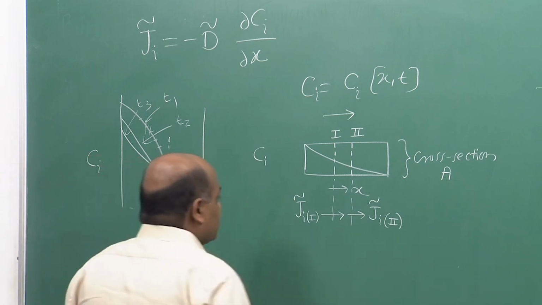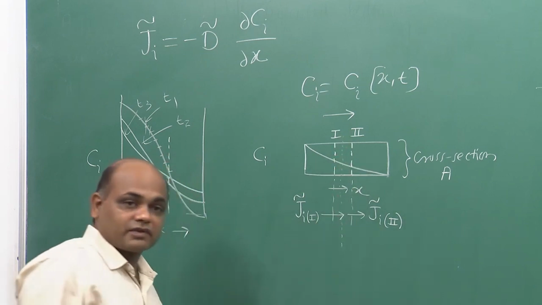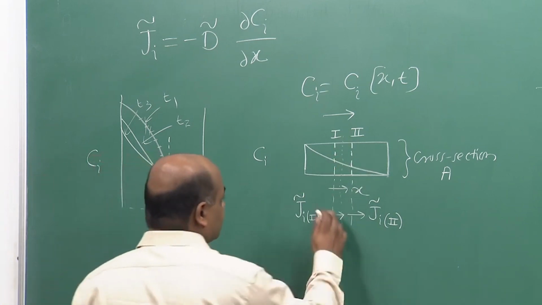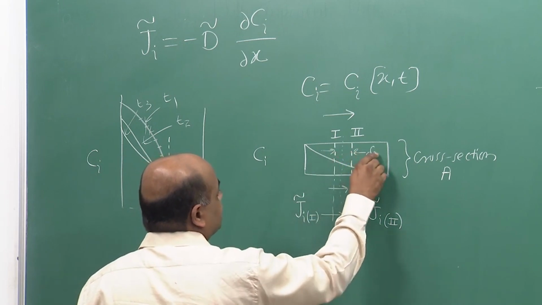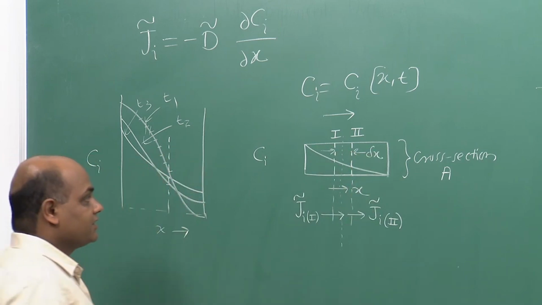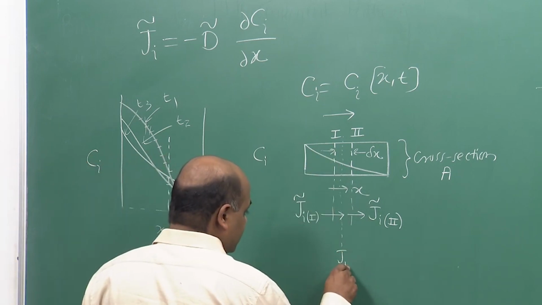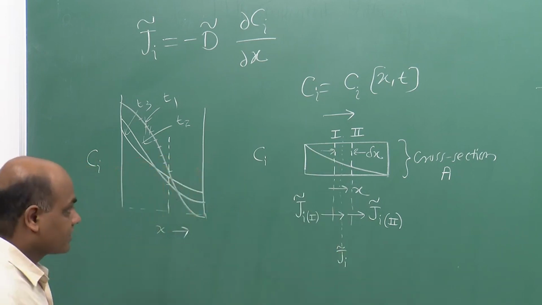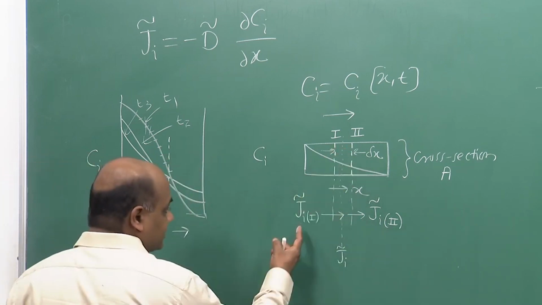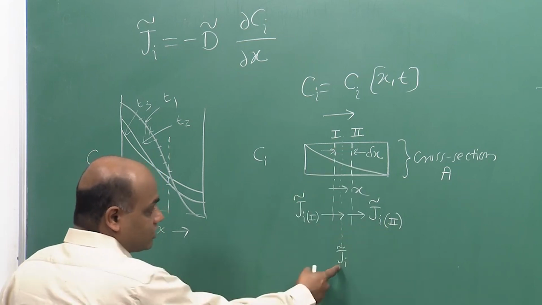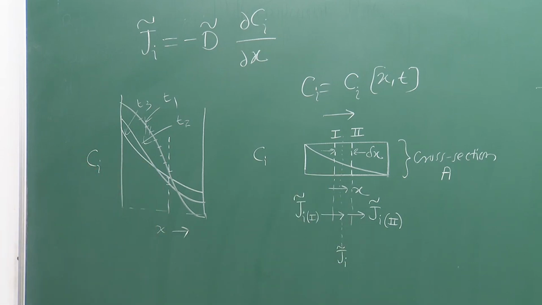Right. So, I can consider a plane in between, the width of this volume element is, let us say, delta x. Exactly at the center I consider one more plane and the flux there is denoted as J I tilde. So, if delta x is very small, I can express J I tilde at 1 and J I tilde at 2 in terms of J I tilde and the gradient of flux with respect to x.